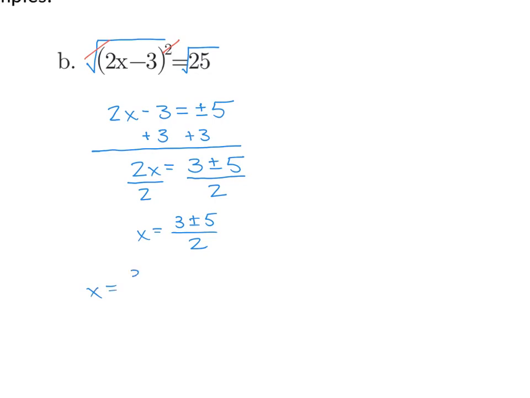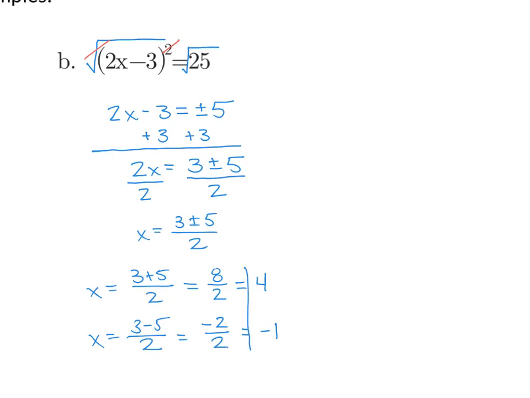So we get 3 plus 5 over 2, and we get 3 minus 5 over 2. If I simplify the first one, I get 3 plus 5 is 8 over 2, which is equal to 4. In the bottom one, I get 3 minus 5 is -2 over 2, or -1. And there are my two solutions.